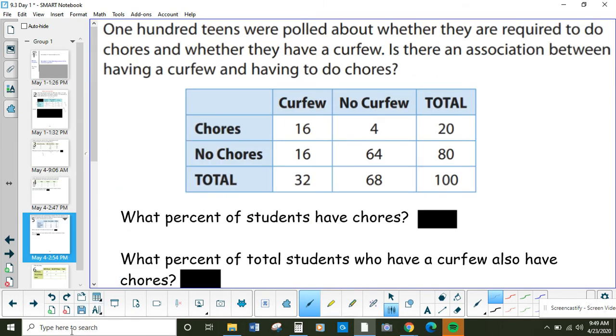So let's take a look at another one. I want you guys to pause this video and just read that top 2 sentences to yourself. So you should have read a new word, association, right? So let me explain what that means. Is there an association between?